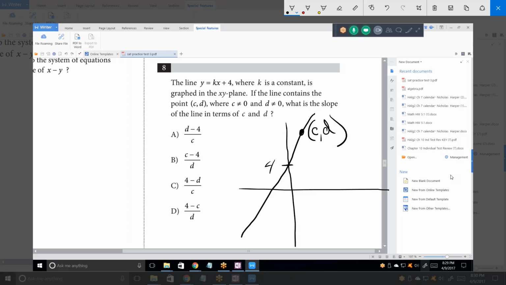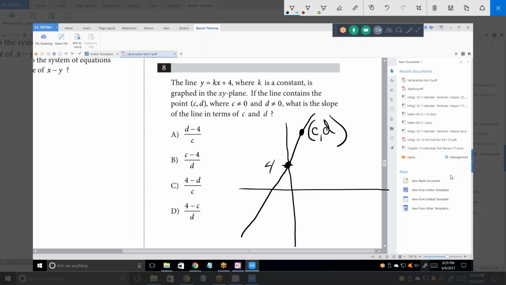Now, the only thing I might not have right is the slope, right? Because the slope k could be negative as far as that goes. It might be steeper than the way I've drawn it, or flatter. Doesn't really matter. The slope of that line is the same as the slope between that point and that point.